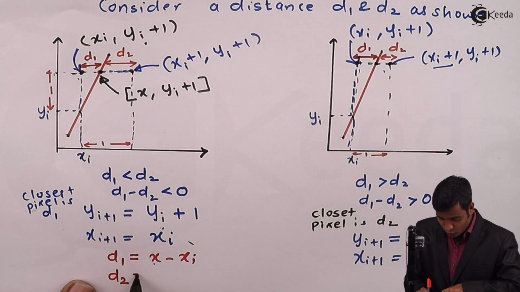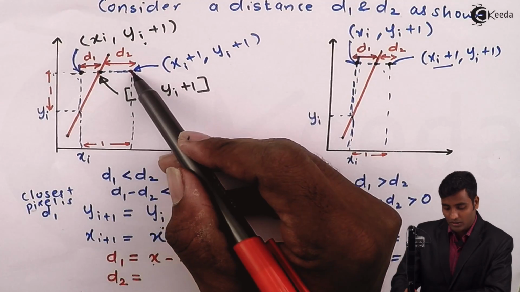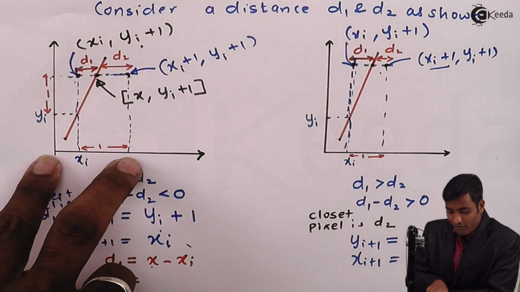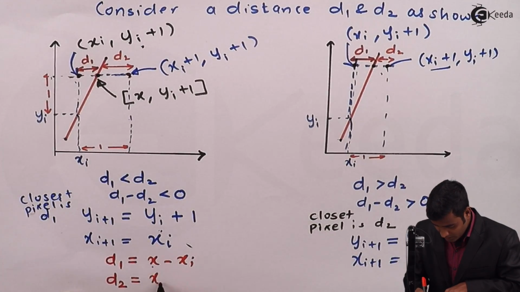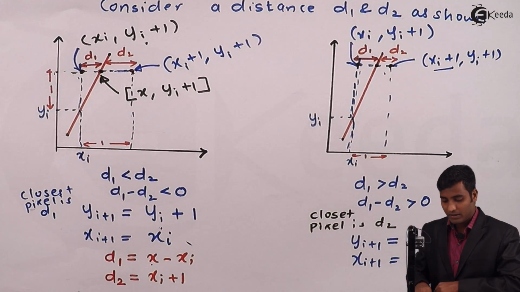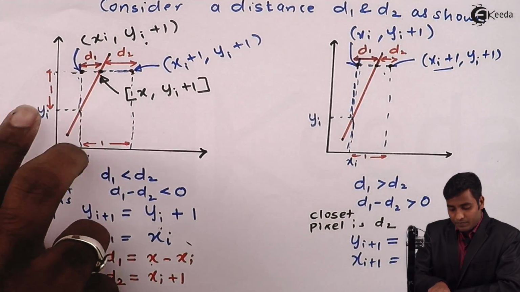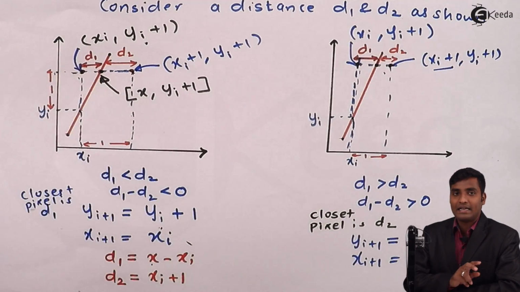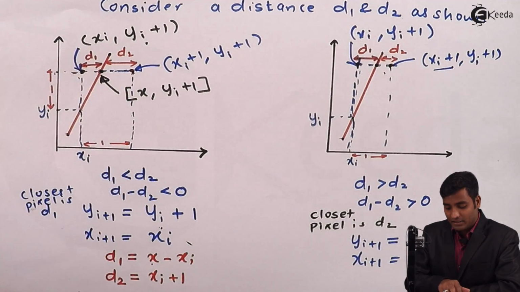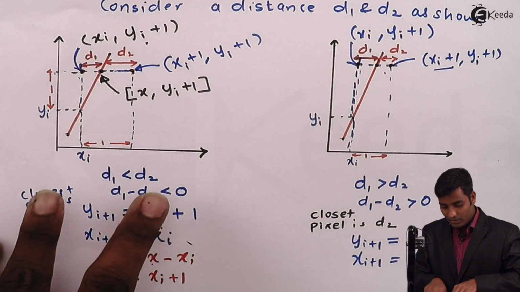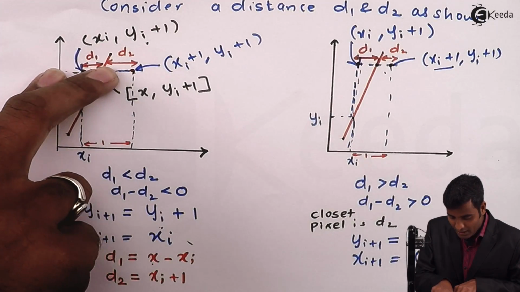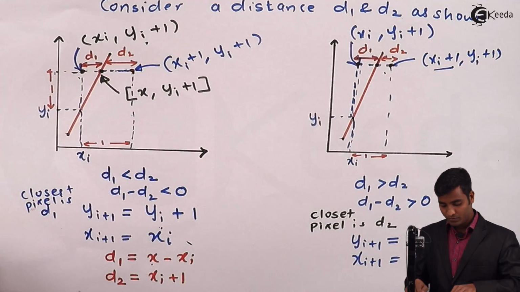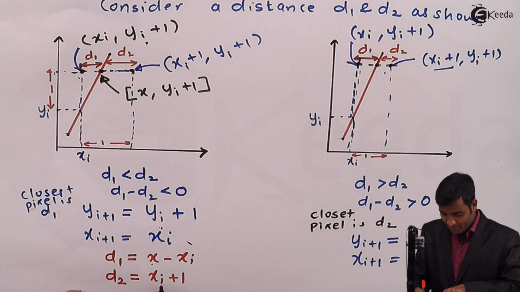Similarly for D2, the total value is xi plus 1. So I will write xi plus 1, and I know this coordinate as x. Subtracting this value from this value, I will get D2. That's why xi plus 1 minus x.